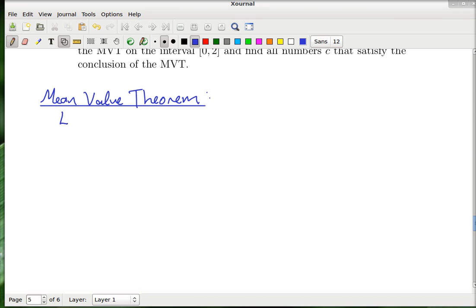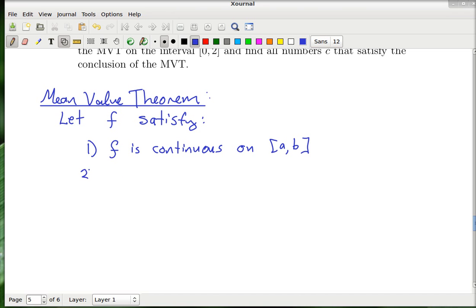So it says, let a function f satisfy two conditions. One condition is that the function f is continuous on the closed interval [a, b], and the second thing is that it is differentiable on (a, b).